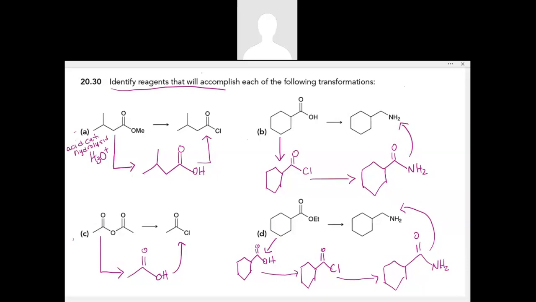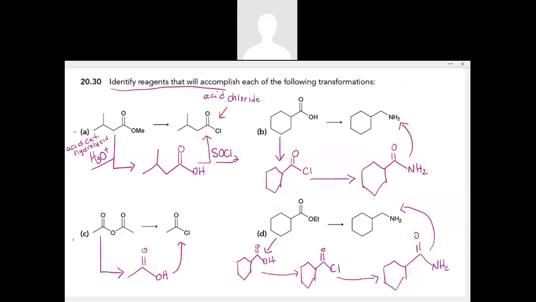And then if we were to treat that carboxylic acid with thionyl chloride, we could produce this desired product, this acid chloride. So again, 2 steps, the reagents shown, H3O plus and thionyl chloride.